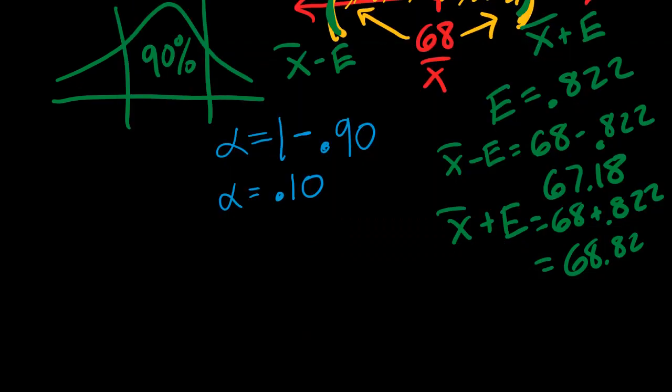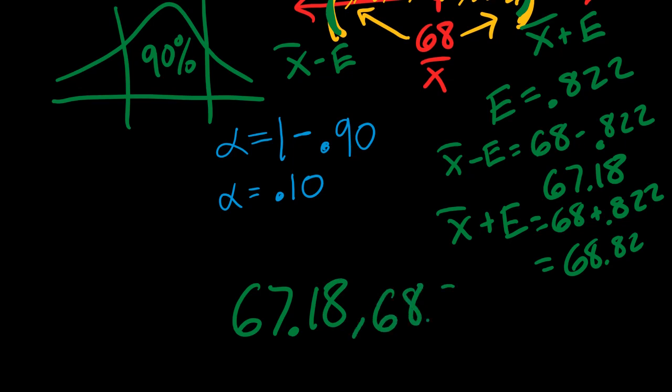So finally, when I write my answer, my confidence interval is 67.18, comma, 68.82, and then we usually put parentheses around that interval. And there you go. That's the solution.